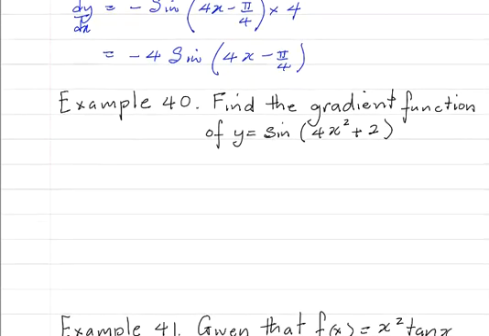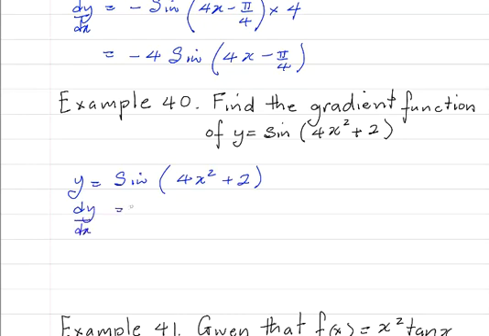Example 40. y is equal to sine 4x squared plus 2. Chain rule again. This is a function inside of a function. So dy by dx would be equal to, differentiate sine, you get cosine 4x squared plus 2.